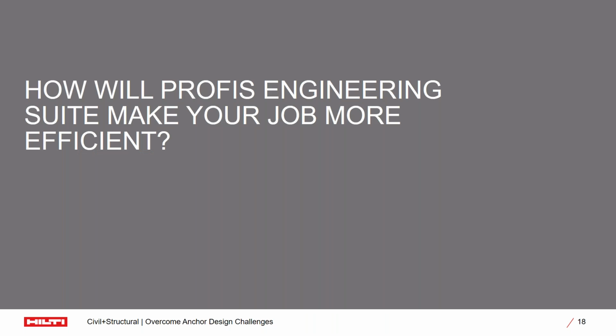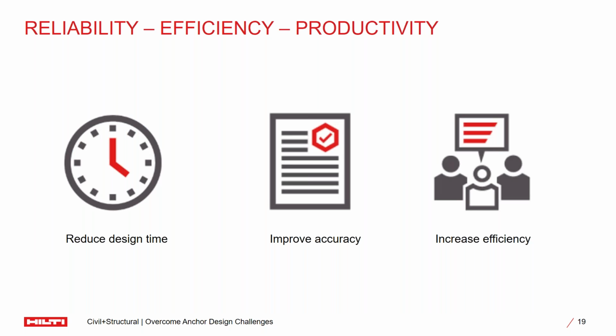So now that you're using PROFIS Engineering, how is it making not only your job, but your team more efficient? PROFIS Engineering allows me to look at various anchor groups very quickly with different types of anchors and different types of anchor embedments. For example, let's say a contractor reaches out to me and says a group of anchors or one anchor is affected by some existing embedment within the concrete.